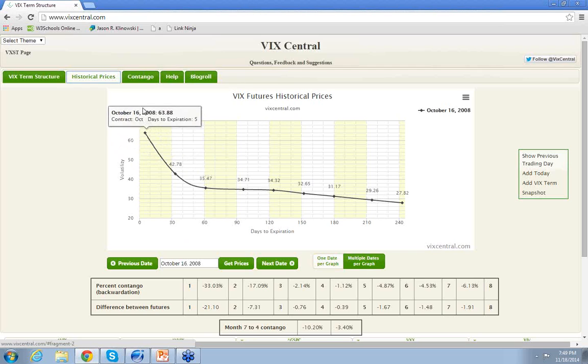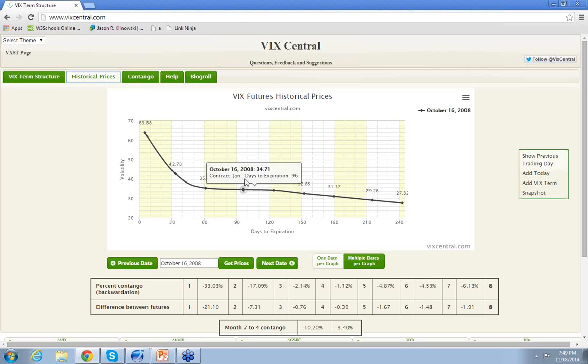You can see the VIX cash settled at 63.88. The next future settled at 42.78. Here's the December, Jan, Feb, March, and so this is backwardation. Does that make sense?